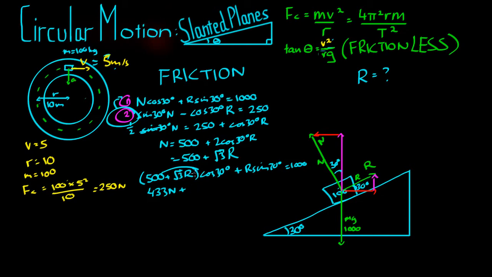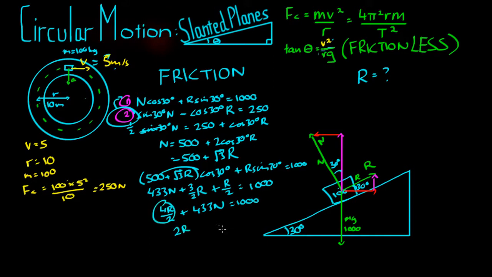So that's root 3 R times root 3 on 2, 3 on 2 R, plus R sine 30, that's R times a half, so R on 2, equals 1000. So we've got 3R on 2 plus 1R on 2, that's 4R on 2, plus 433 newtons coming down from over there, is equal to 1000 newtons.